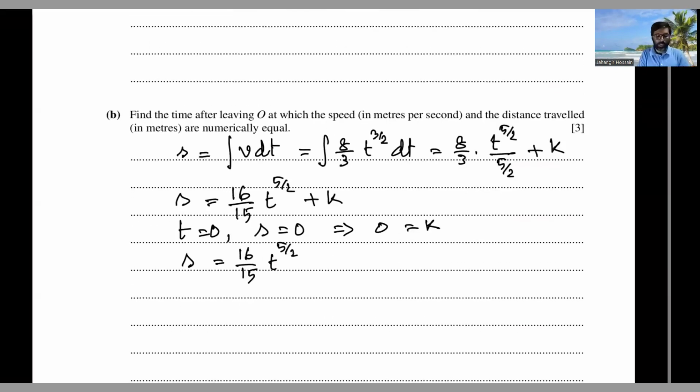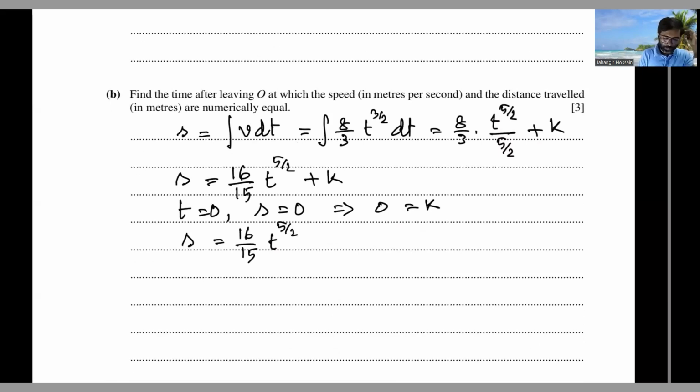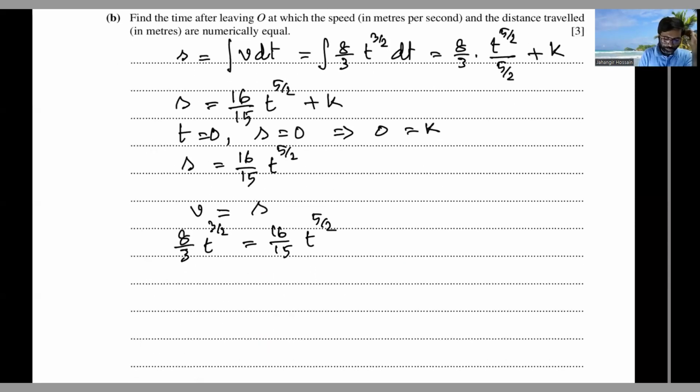Now we have to find the time at which the distance traveled is equal to the speed of the particle. So V equals S, where V is 8 by 3 t to the power 3 by 2, and S is 16 by 15 t to the power 5 by 2. So we take both sides, bring them on the same side.